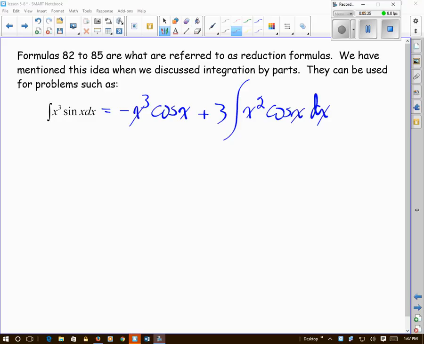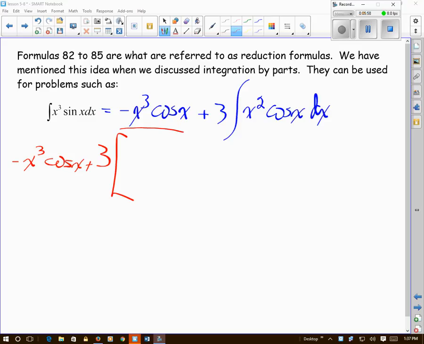Okay. So using formula 85 then, this first part's going to stay the same. We have negative x cubed cosine x plus 3 times, okay, so for this one now our n value is 2, and our u is just x.